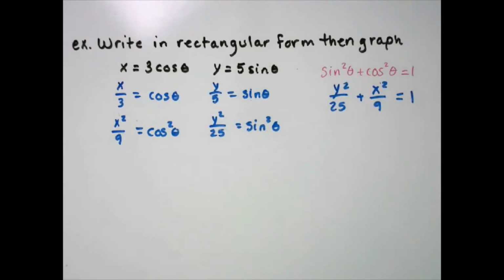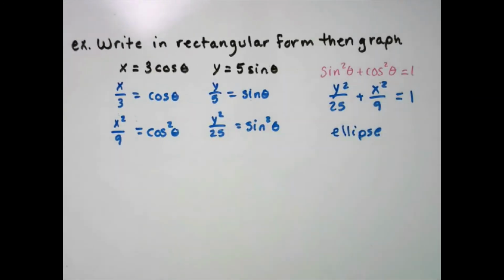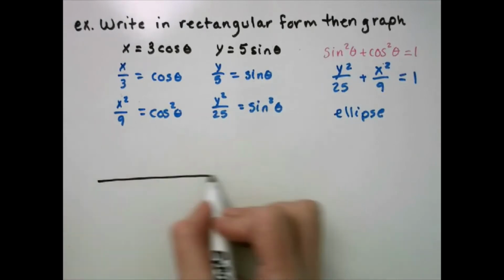Well, what type of graph is this? This is an ellipse. So that's how we're going to graph this, remembering back to algebra 2 with your minor axes, major axes, all that.